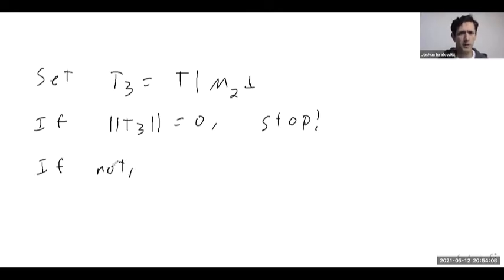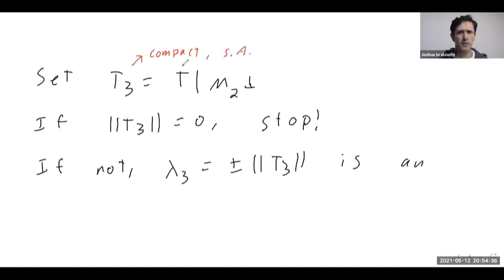If not, just continue, and I'll just do one more to get G3. One of these is an eigenvalue. Like we said before, this is the restriction of a compact operator to a subspace, so this is compact. And because T is self-adjoint, T3 is self-adjoint. This is an eigenvalue of T3.